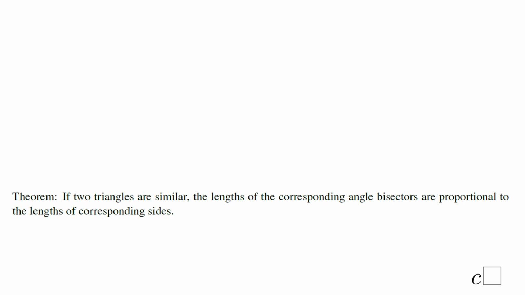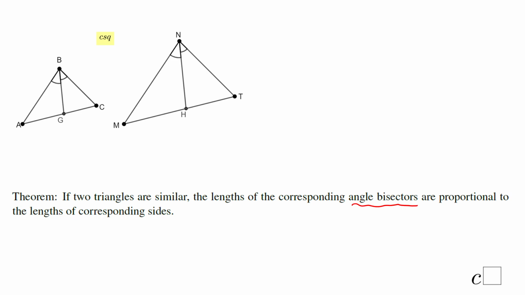Two more theorems, and this is one of them, which covers the angle bisector, the same type of property. If we have two similar triangles, the angle bisectors are proportional to the lengths of the corresponding sides. Again, kind of the same thing, and remember, we have that extended proportion. Sometimes you're going to need to use that extended proportion for solving the problem.